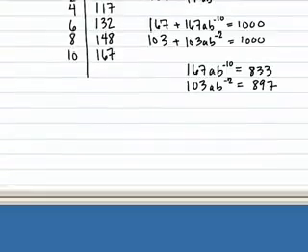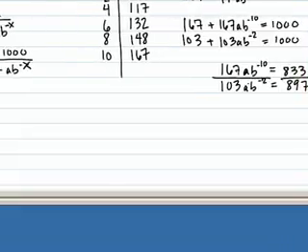Now we should be ready to divide. So divide here, and I'm going to try to leave these numbers, 167 over 103, as a fraction for a while so that I don't have the decimals and the rounding errors that might occur. As I divide, my a's are going to reduce down to 1.